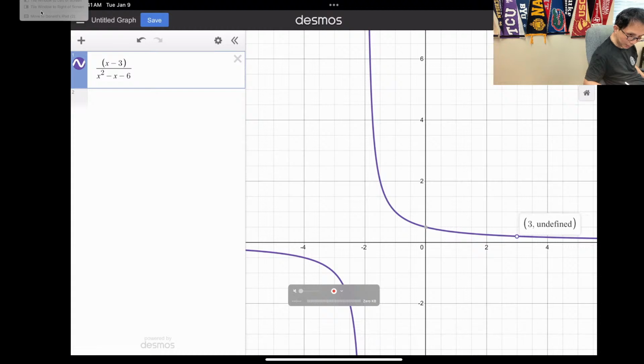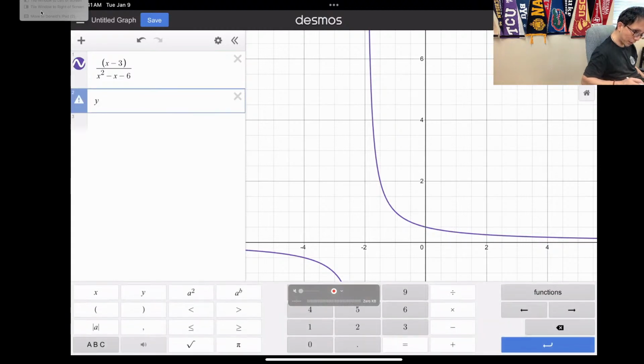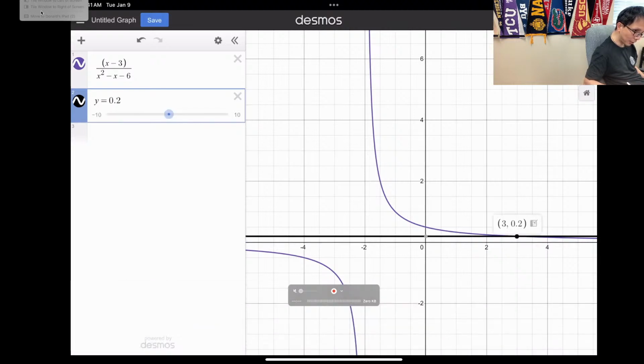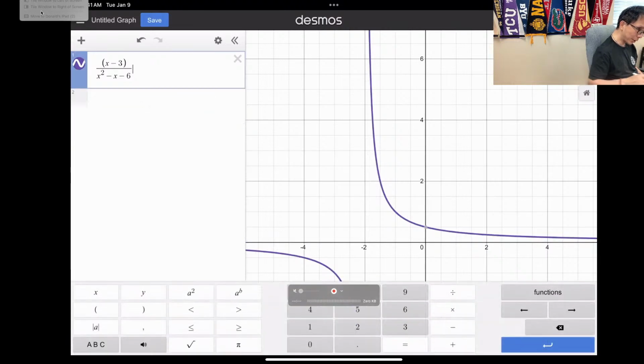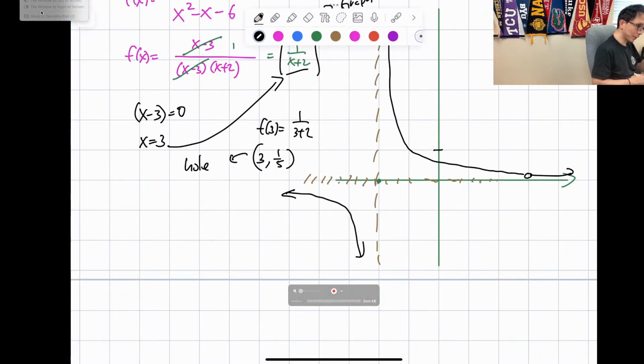Do you see that? There was a hole at, well, we don't know what y value, but we know it's very close to 0.2. So y equal to 0.2, it should intersect that hole. But then you don't need to worry about it. You're going to say removable discontinuity happened at 3, 1/5.